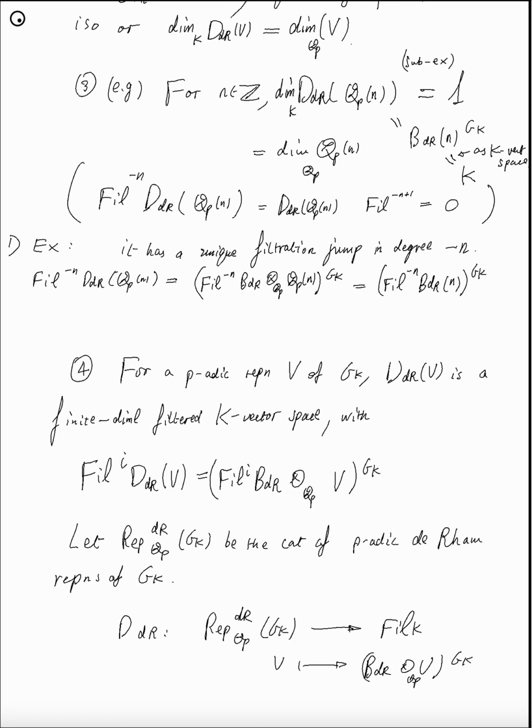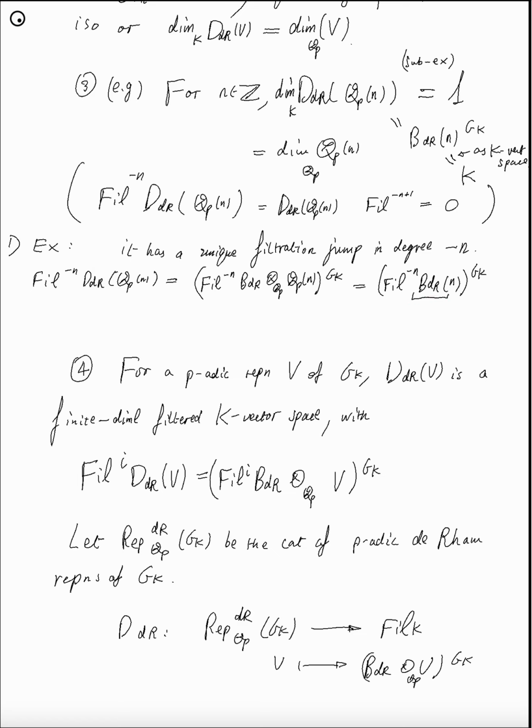So what is this? When twisted by n, it's described: Fil^i of B_dR is like B_dR t^i, but Fil^{-n} means it is times t^{-n}.